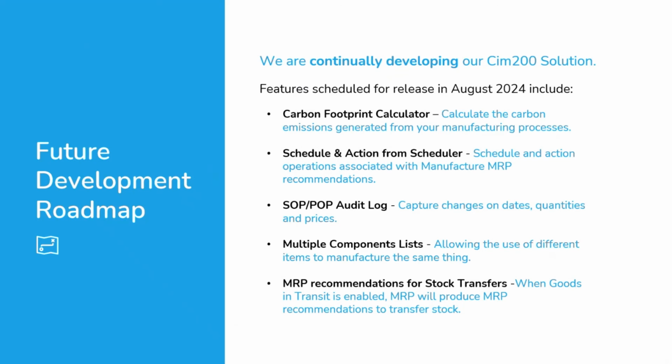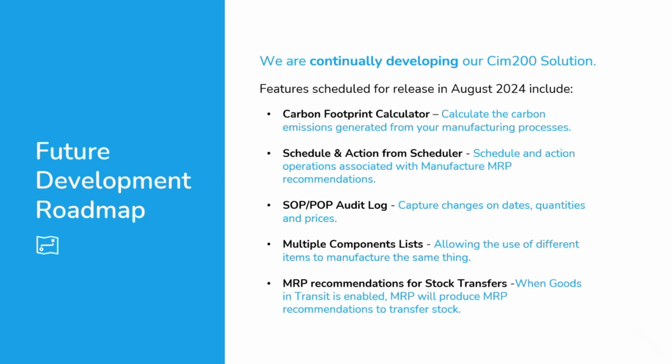You will be able to schedule MRP recommendations within the scheduler before actually actioning them and raising them as firm orders. We bring a basic SOP and POP audit log and multiple components lists.